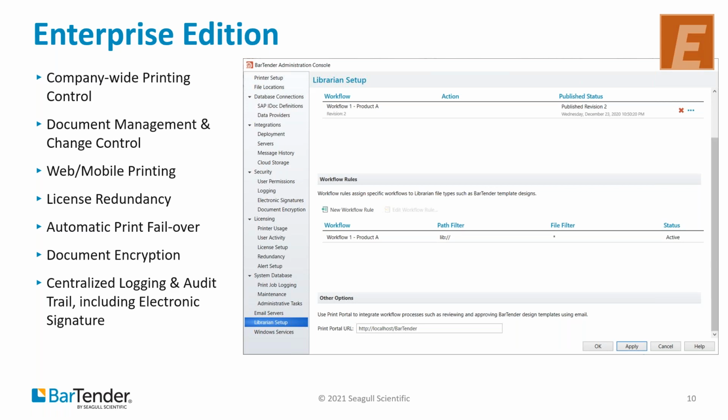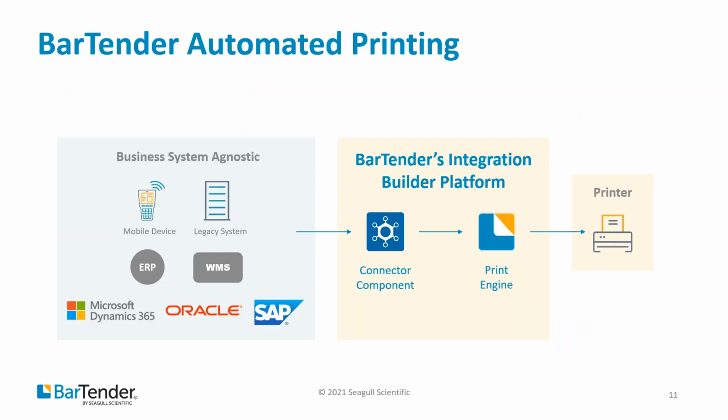Track and trace. That's again Enterprise, because you get the centralized database and many more security capabilities and features tying in with Windows, such as Active Directory. So Enterprise is really great.